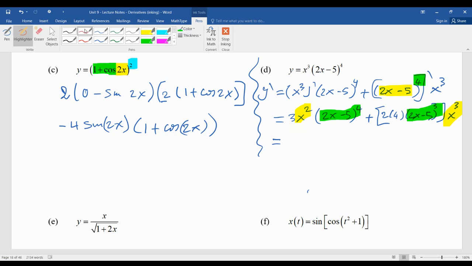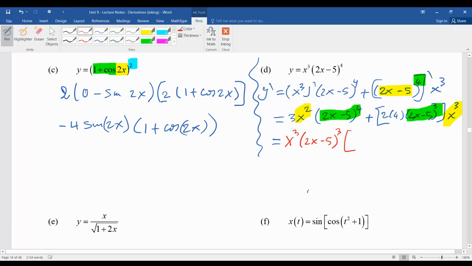So we're going to take x squared as a common factor and 2x minus 5 to the third as a common factor. Oh, I said x cubed, sorry, it should be x squared. So the common factor between x squared and x cubed is x squared, and between 2x minus 5 to the fourth and 2x minus 5 to the third is 2x minus 5 to the third.